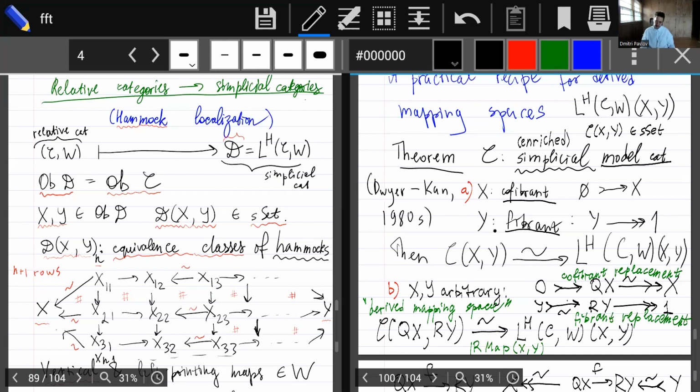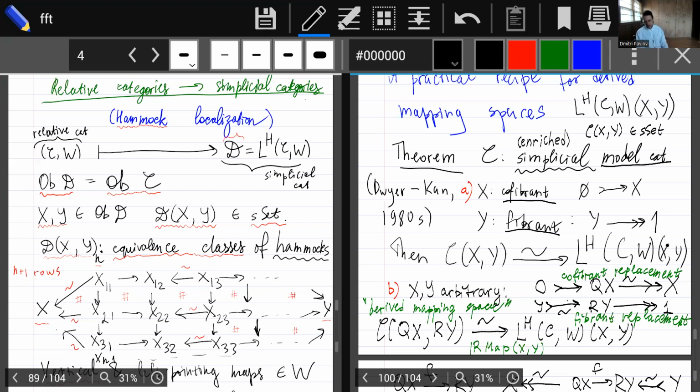So if X is cofibrant and Y is fibrant, then the enriched Hom from X to Y, the simplicial set of maps from X to Y, happens to be weakly equivalent to the hammock localization from X to Y.